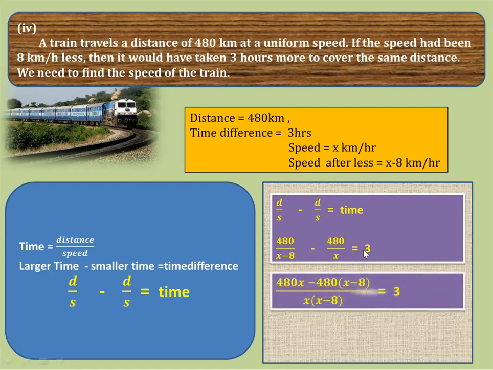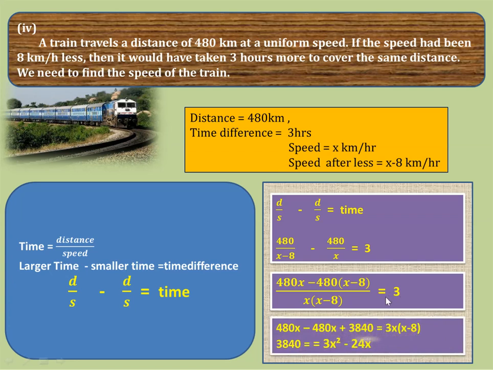Okay, next, you know how to take LCM. Here there is nothing common in the denominators, so just multiply x into x minus 8. Then the numerator becomes 480x. Here cross multiply, that's 480 into x minus 8 is equal to 3. Next, simplify by cross multiplying.